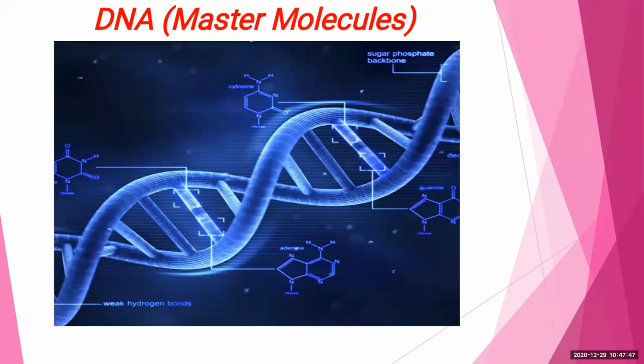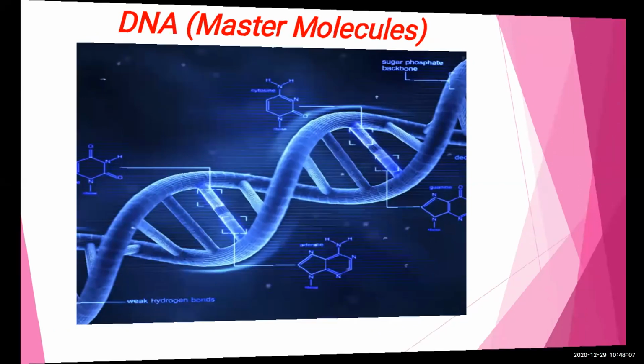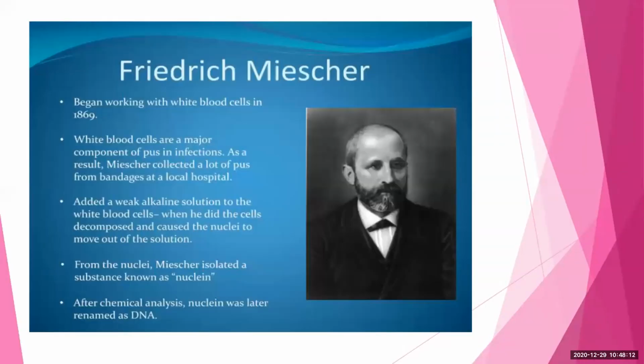I hope all of you know where this DNA is located. Yes, it is present in each and every cell of the body. It is present right from bacteria, viruses, plants, animals, human beings, in all the cells of all the living organisms, right? So we are going to study the structure and the function of DNA.